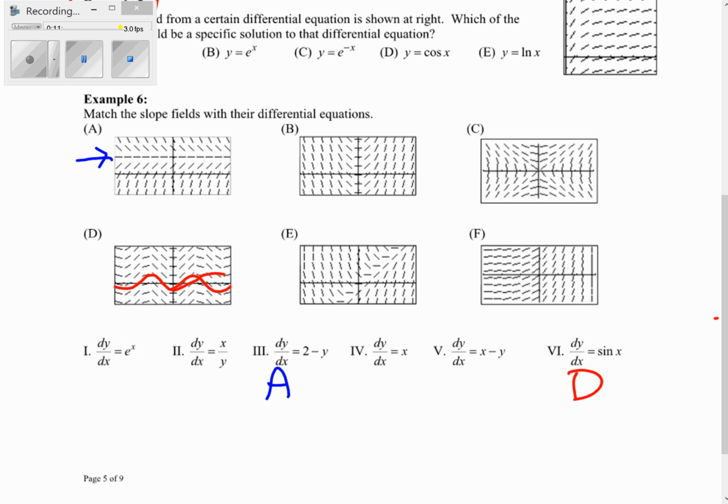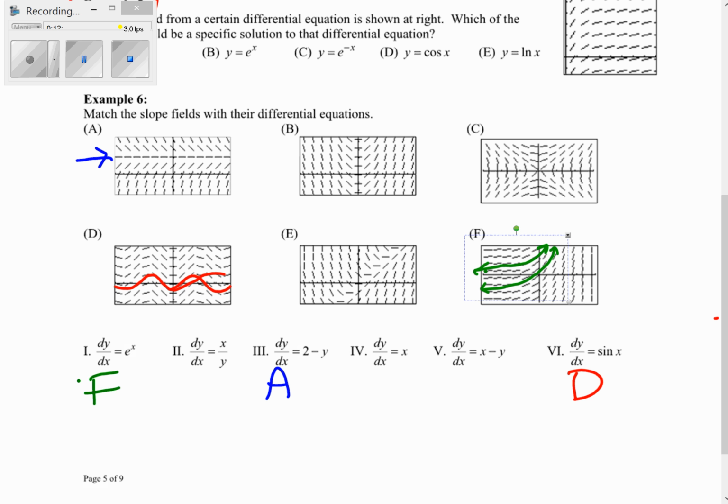Okay, the next one, where would I go next? Well, this one's kind of neat, right? If I draw this, it could be something like this, something like that. The only function I see here looks like e to the x.